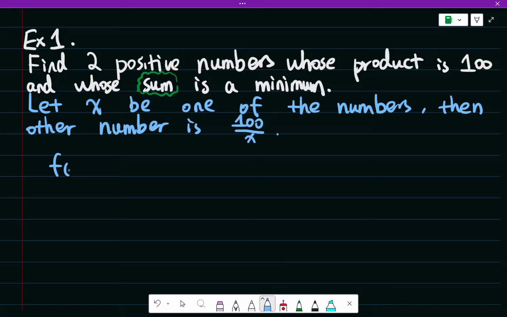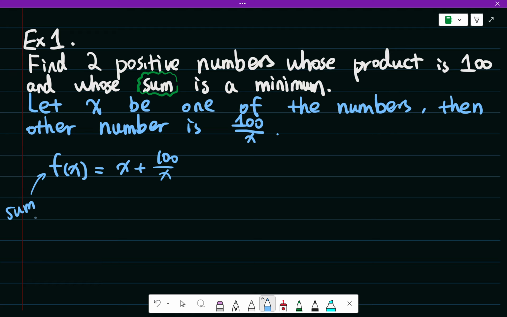So we can say f(x), which will be the sum of the 2 numbers in this case, is equal to x plus 100 over x. This would be the function that we need to use to perform the optimization, which is to find when the derivative of this function is 0.